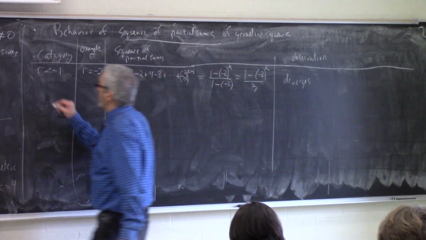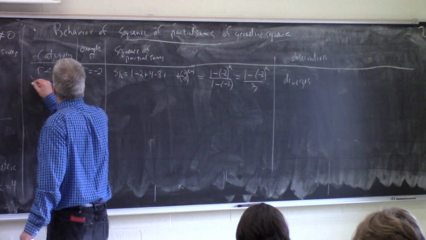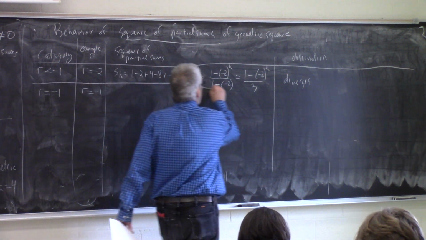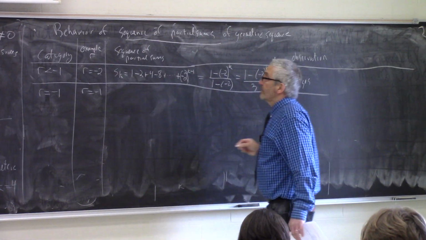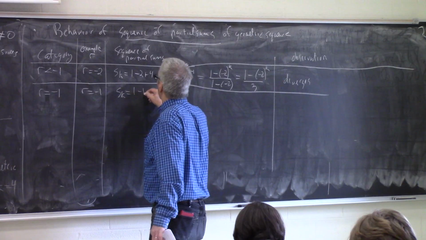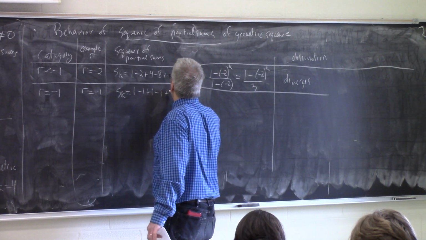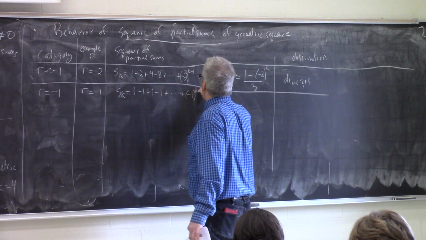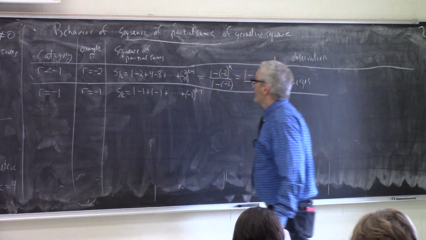What about when r equals -1? So that's the only representative. So S_k is going to be 1 minus 1 plus 1 minus 1 plus, all the way up to (-1)^(k-1).